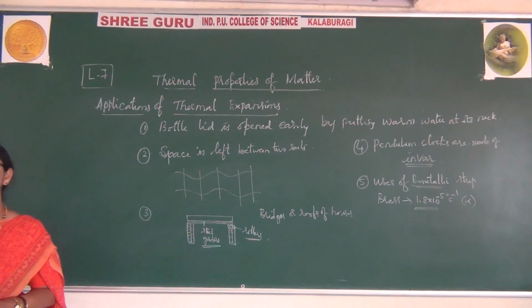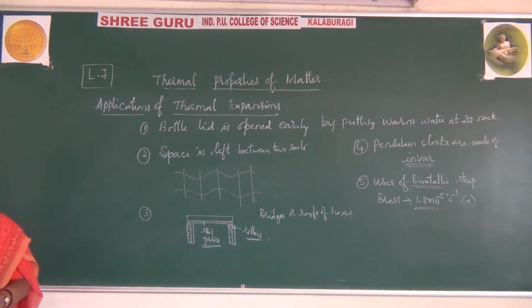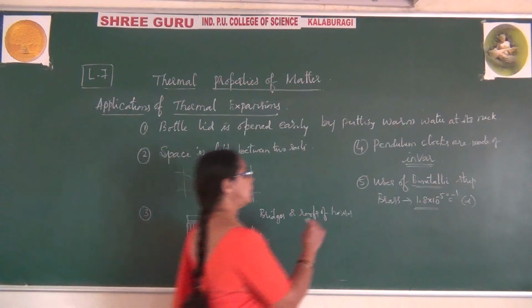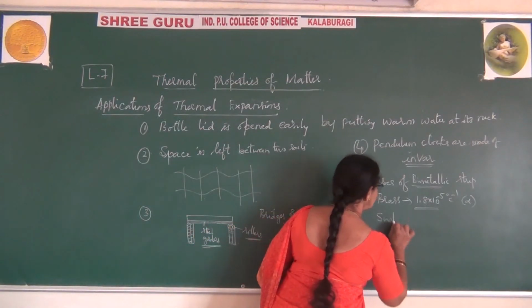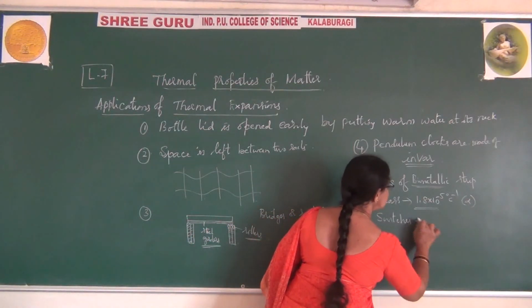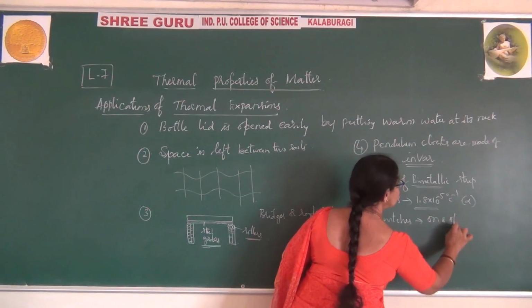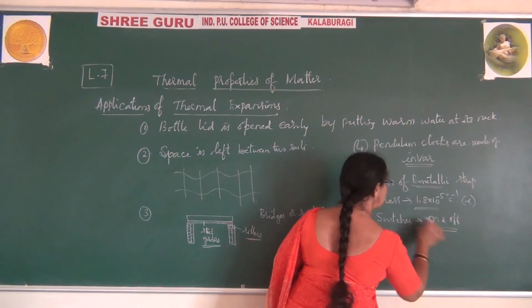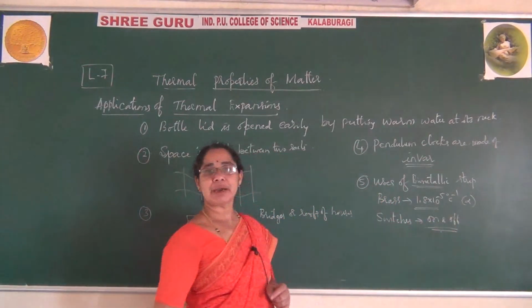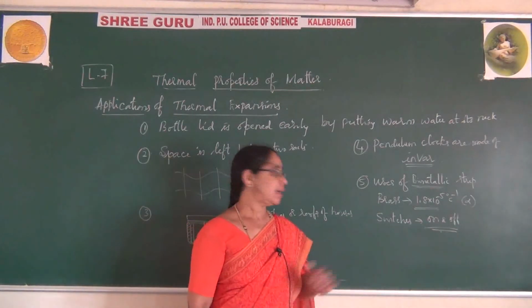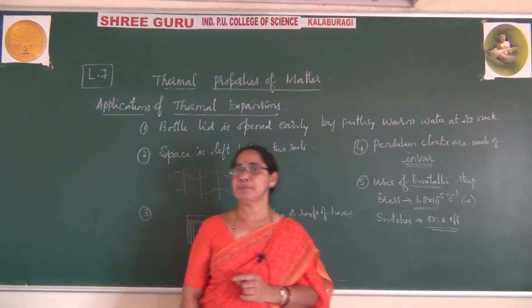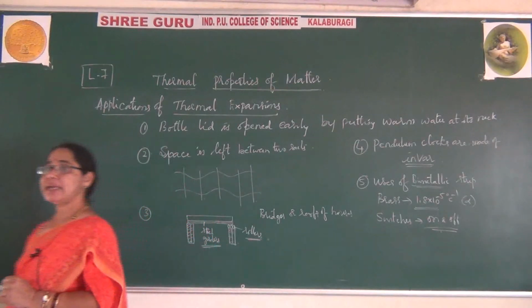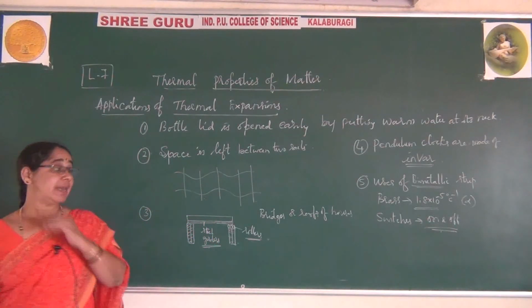For automatic flashing, that is switches. Many times we are using switches, particularly on and off systems. On and off can be used wherever you come across on and off switches. At that time we prefer to use this bimetallic strip, particularly in heaters, where geysers.